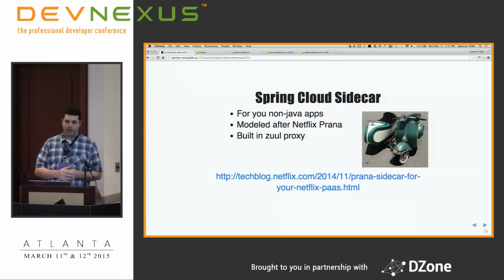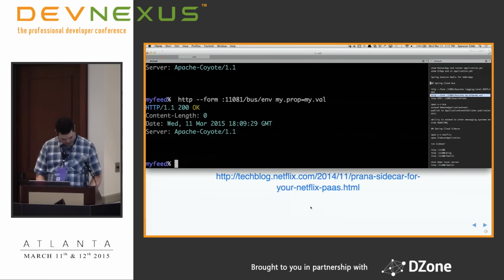So in a relatively small amount of code, I created this sidecar that you can run alongside a non-Java application and get all the value. There's an API for, well, we're getting close to running out of time.